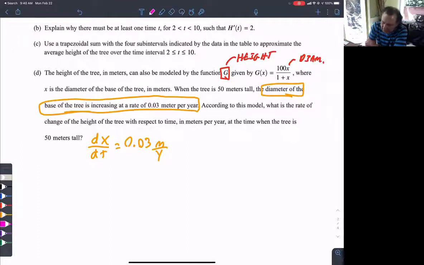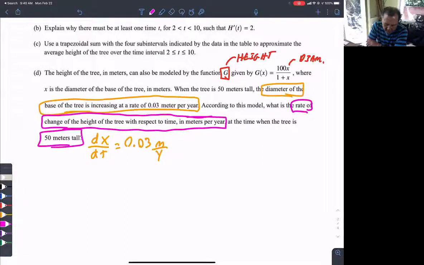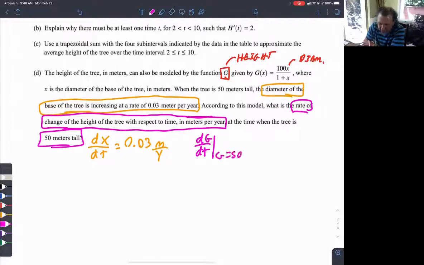So let's look at that. When the tree is 50 meters tall. So they want the rate of change of the height when, oh, and the height is G. That should be a G, not an H. We were told G when G is 50.